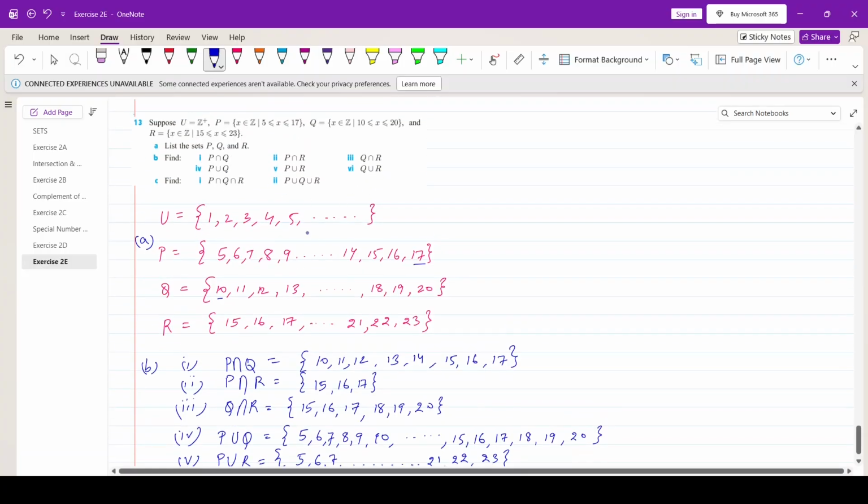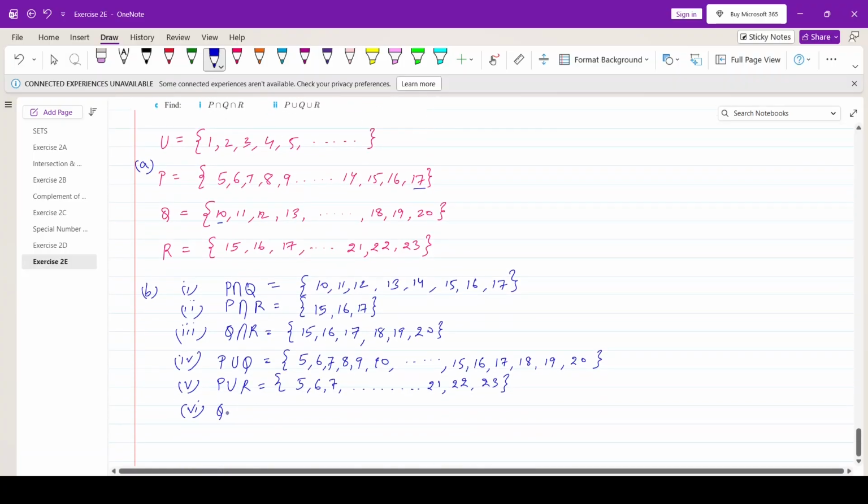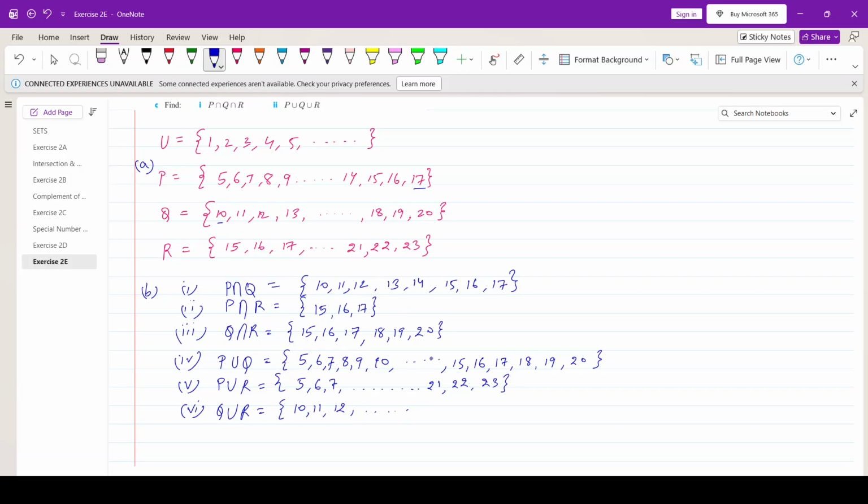Part 6 says Q union R. Q union R will be 10, 11, 12, and so on till 21, 22, 23.